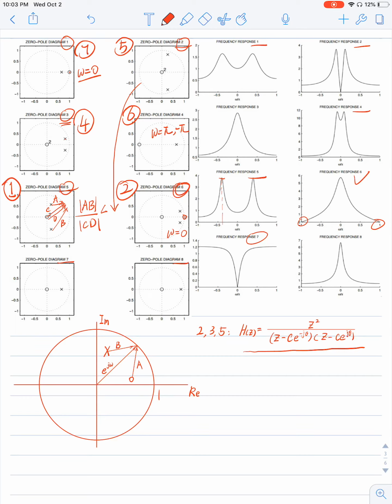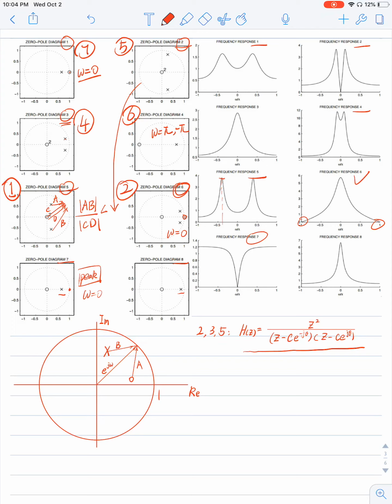Now let's compare 7 and 8. The only difference between 7 and 8 is the distance between the pole and the origin. So let's check the peak magnitude. For both of them, the peak magnitude is at omega equals 0.